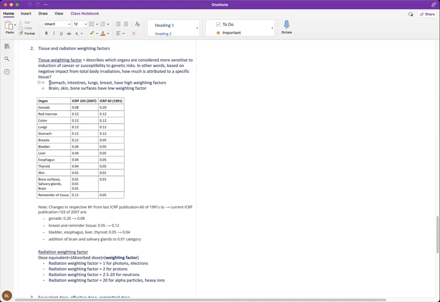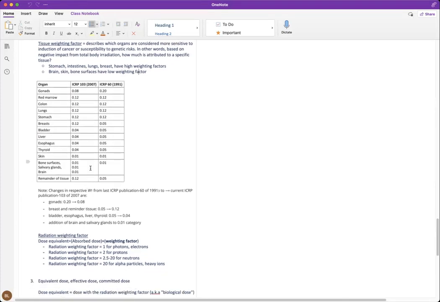We had GI syndrome, so stomach and intestines have really high weighting factors. We didn't talk about people's skin falling off. So stuff that has a lower weighting factor: brain, skin, and bone surfaces. Here's a table with some estimates of the weighting factors. When you add it all up, it should add up to 1.